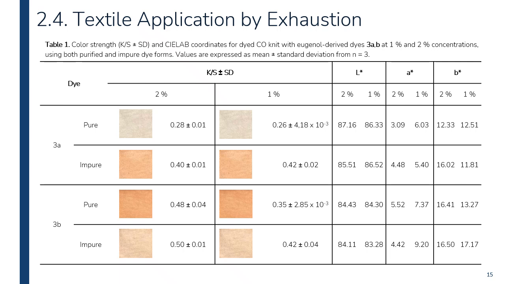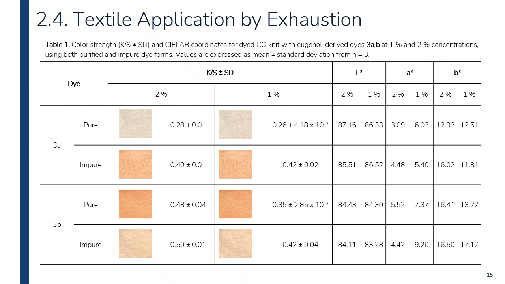Samples dyed with impure forms also showed lower lightness, indicating darker and more intense colors. On the other hand, the chromaticity coordinates showed positive a values that indicate red tones, while the b values reflected yellow tones, both contributing to greater color saturation.